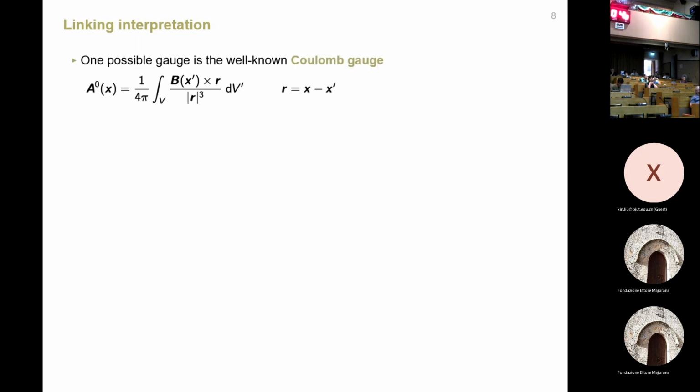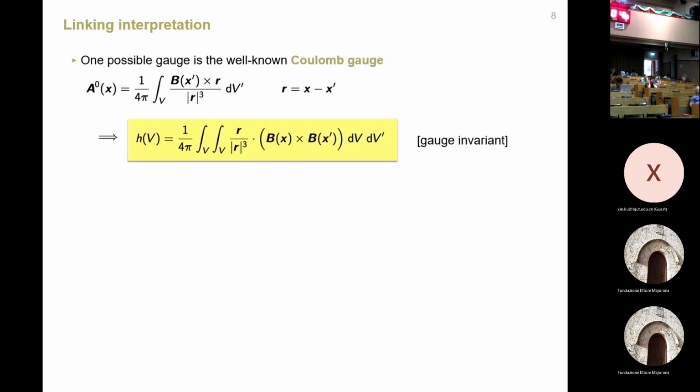A way to prove that is to think about the Coulomb gauge. From the well-known formula from electromagnetism, your vector potential can be written as this Biot-Savart integral. If you plug that into the helicity, the integral of A dot B, you get a formula for the helicity purely in terms of the magnetic field, so it's manifestly gauge invariant. We're assuming here that we're talking about the whole of space, so there's no boundary.